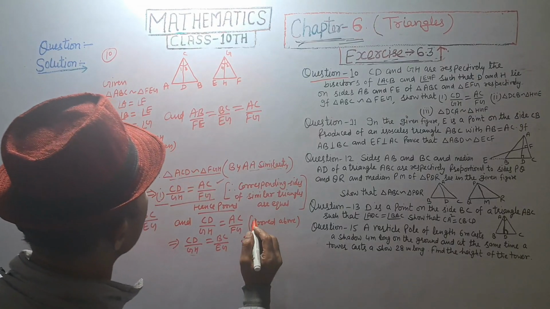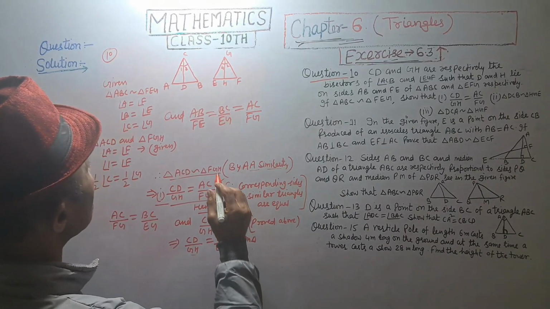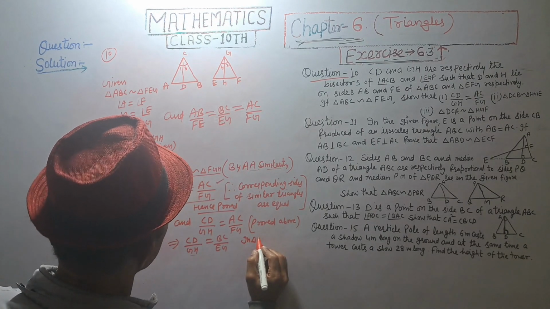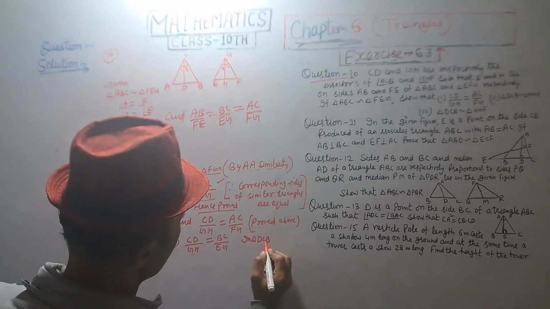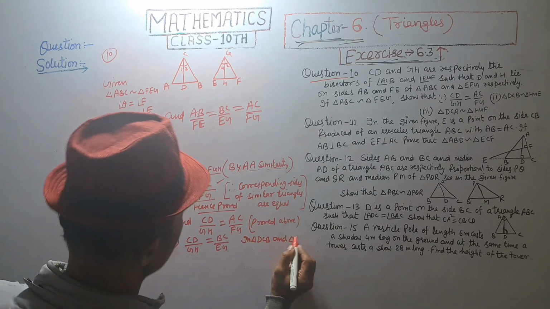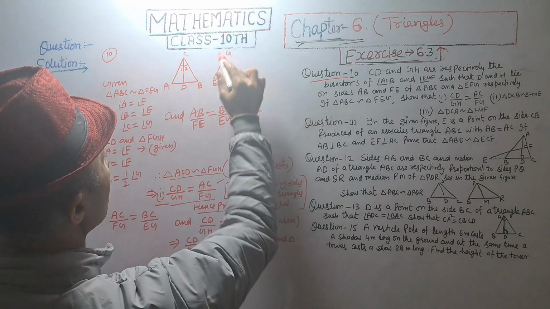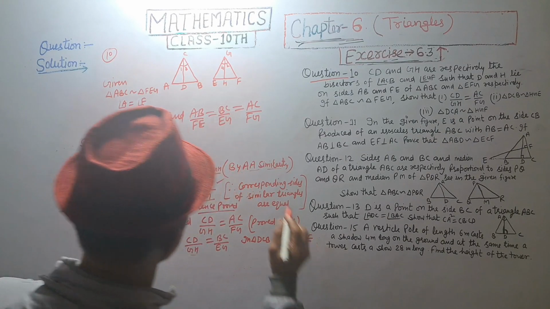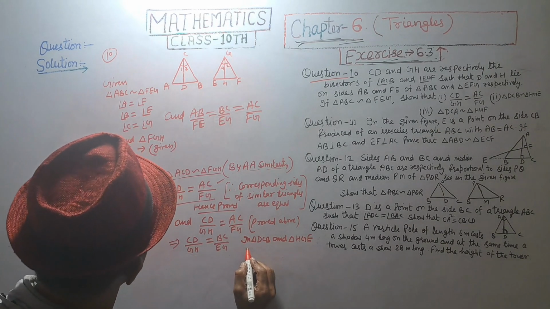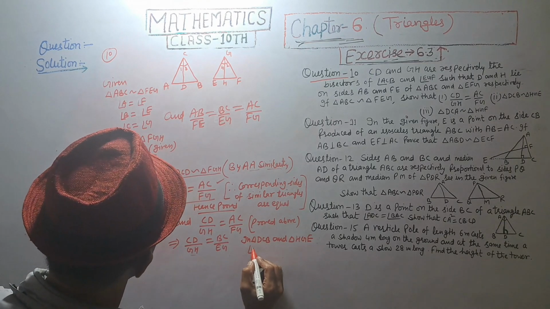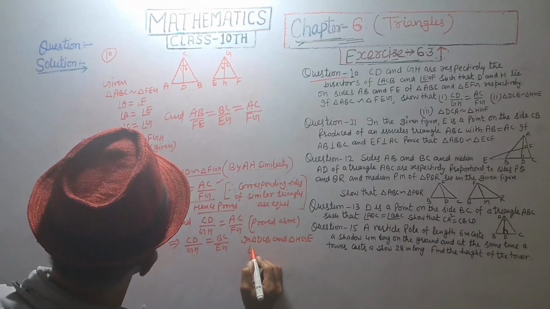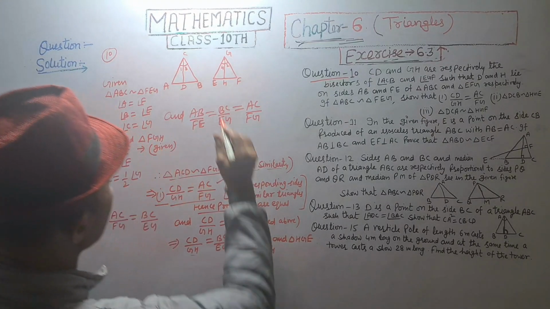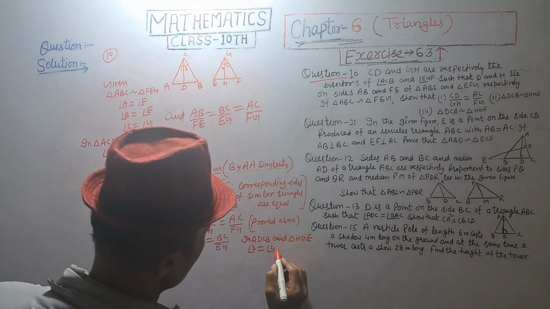In triangle DCB and triangle HGE, angle 3 is equal to angle 4.